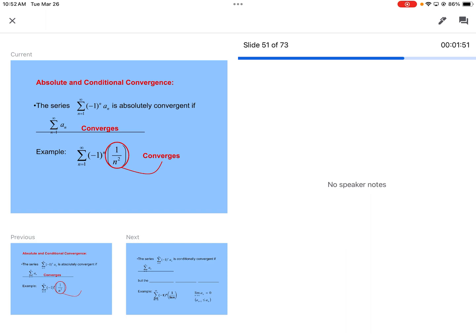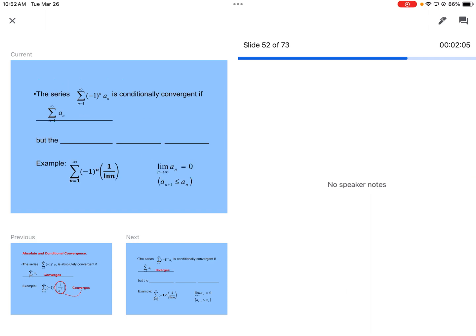Then we have what is called conditional convergence. Can you guess what that is? If the original one does what? Diverges, but the alternating one converges. Yes. So it's conditionally convergent if the original a sub n diverges, but the alternating version converges. We already looked at one example of that. Which one was that? The harmonic. 1 over n diverges, but the alternating 1 over n converges.